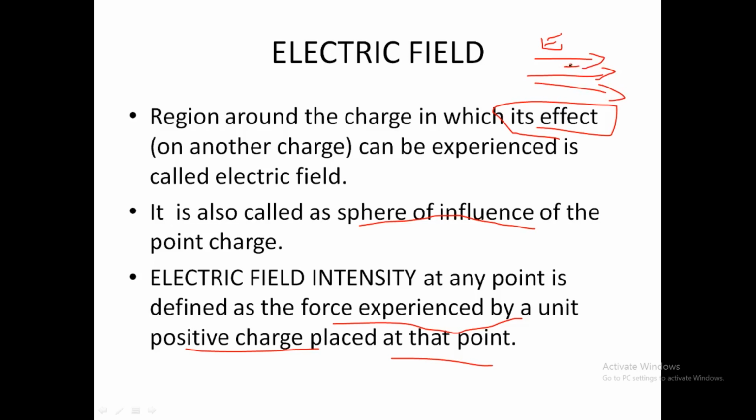We have studied the electrostatic force, right? Same concept. The positive charge will experience a certain force due to this electric field. So the force experienced by a unit positive charge is known as the electric field intensity of that particular field.